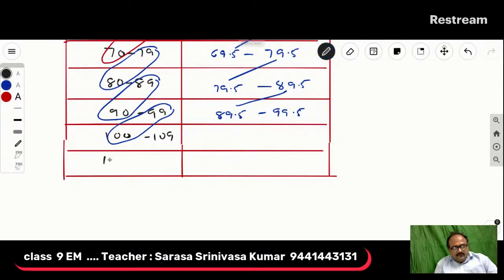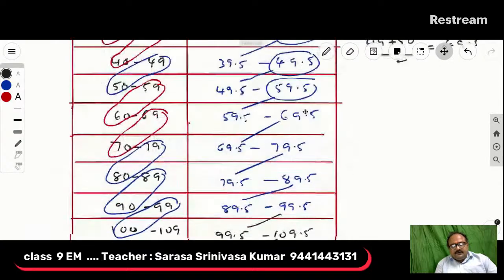Next is 110 to 119. So we write 99.5 to 109.5. The next step is 109.5 to 119.5.